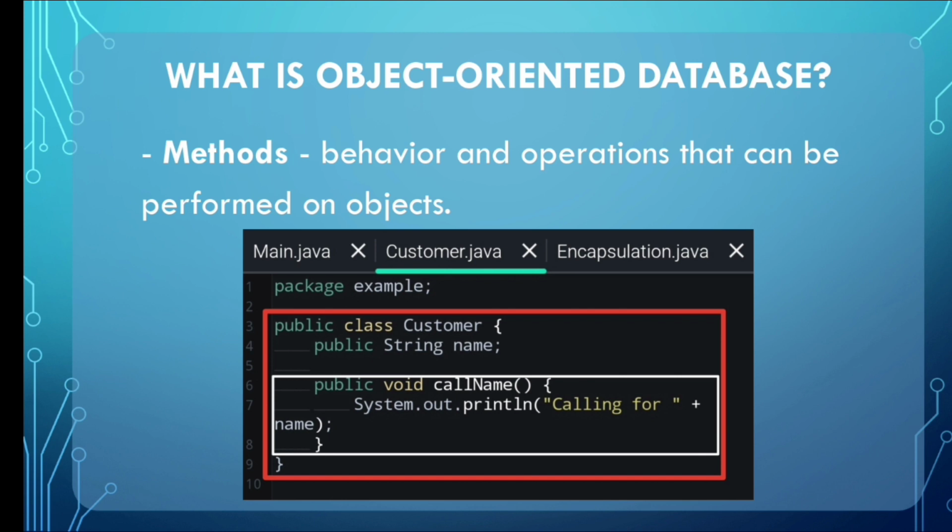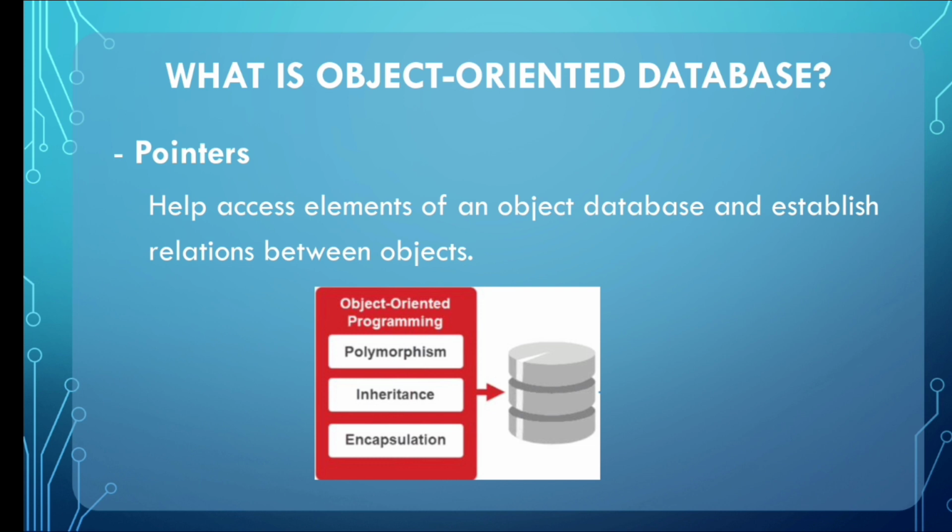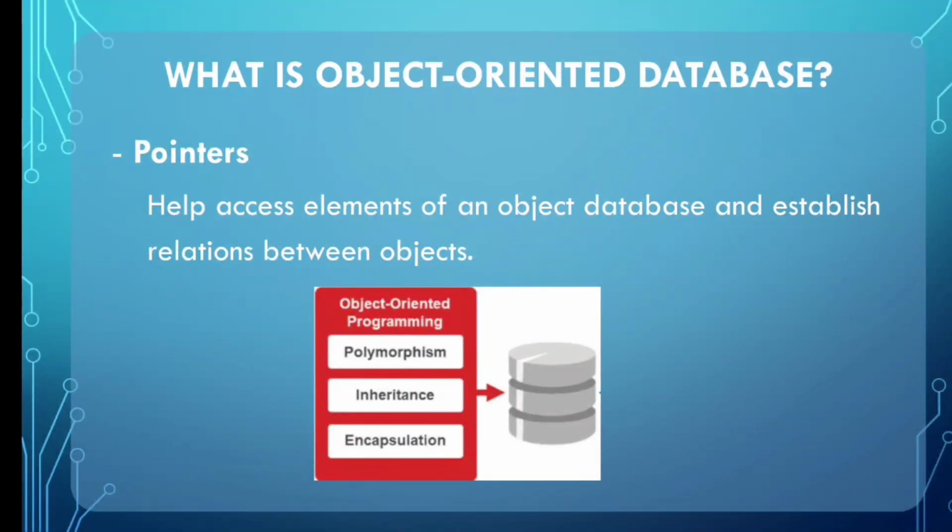Same lang po sila. So next is pointers. Pointers help access elements of an object database and establish relationships between objects. Sabi dito, may relationship yung database natin sa ating object. So dapat may relationship pa din or connected pa din sila.